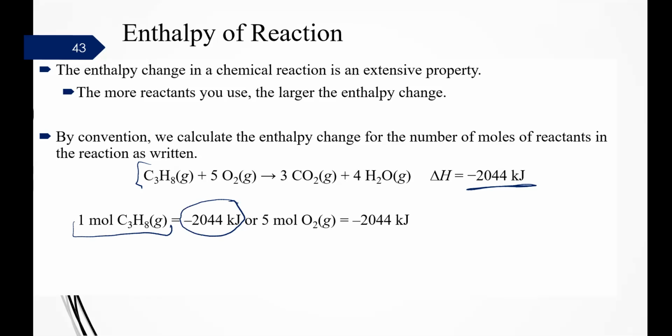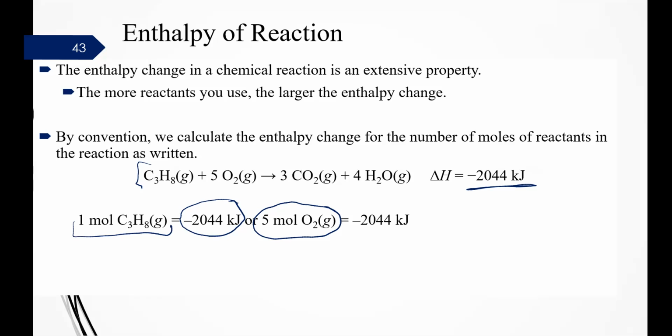On the same side, you need 5 moles of that O2 for that exchange. And so there's kind of a relationship between them. How much energy is being associated just with one of these, how much energy is being associated with our O2.